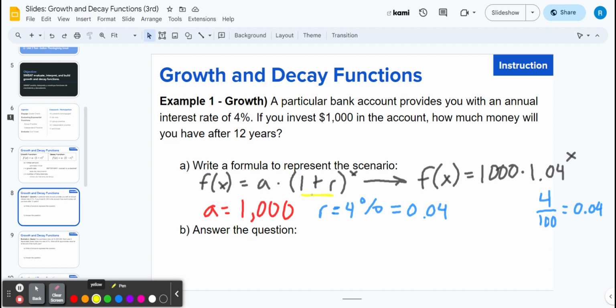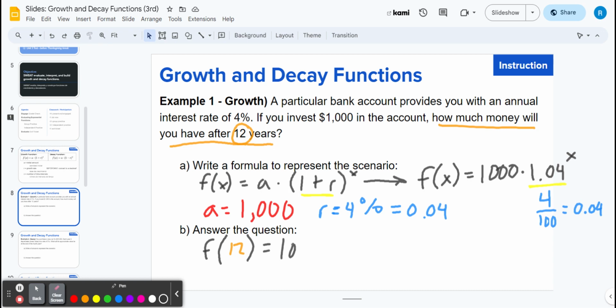Okay, and then if we're answering the question, how much money will you have after 12 years? All we got to do is swap in 12 for x in our equation. We're going to write out f of 12 in this case, because that's the number of time intervals we're hitting.